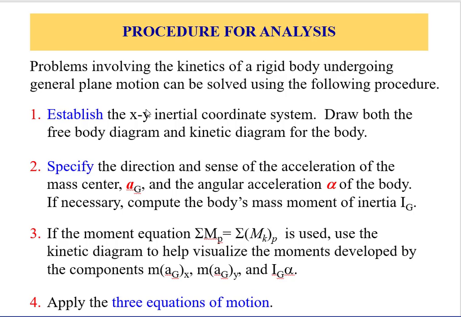So first of all, any problem you get, sketch it, draw the inertial coordinate system, the free body diagram, and the kinetic diagram. Specify the direction and the sense of the acceleration of the mass center, AG, as well as the angular acceleration of the body. It has to be compliant to each other. Also compute the moment of inertia, if needed, IG.